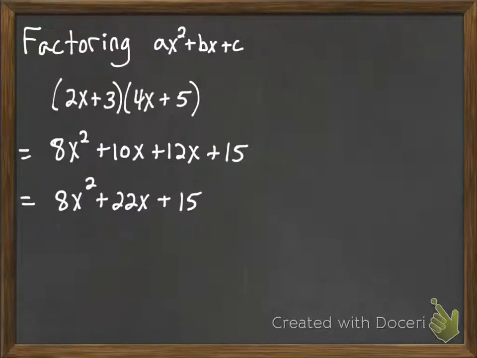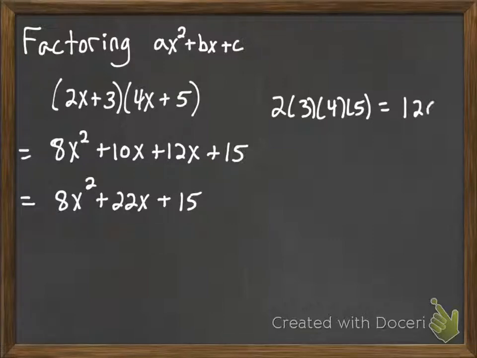To see what that number is, consider here those coefficients 2, 3, 4, and 5. And let's just multiply those out. 2 times 3 times 4 times 5. And when we multiply those out, we get 120.